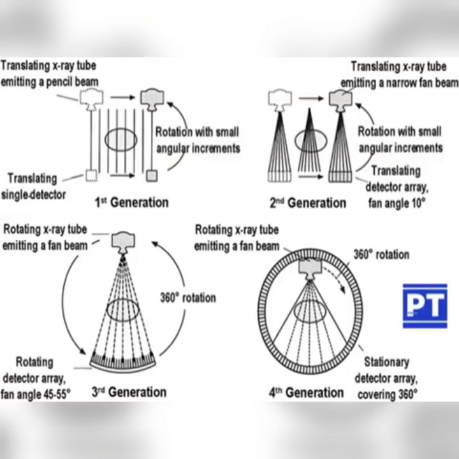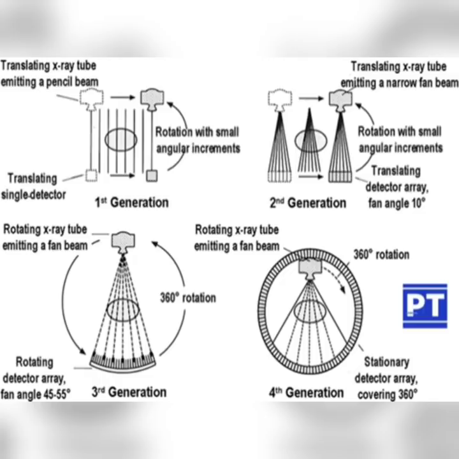So once again the images are shown here, just a revision. You can see the X-ray tube at the top and the detector below. In the first generation we have only a single detector and we are using a pencil beam of X-rays. So the mode of beam in CT scan is also X-rays, and the linear movement is here.